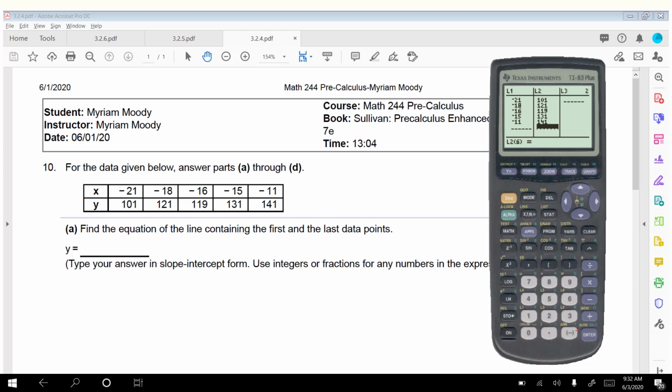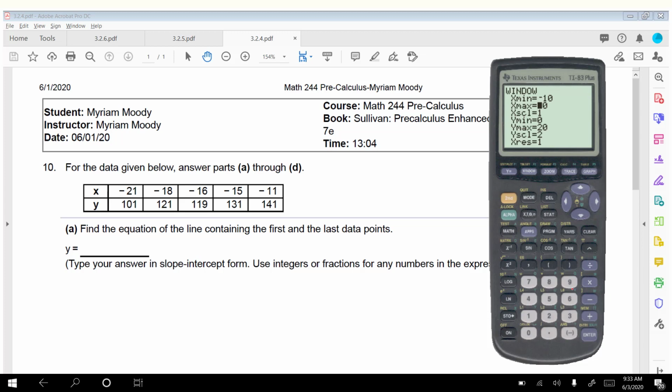Now, let's see what we're going to use for our window. Because notice our x's go from -11 to -21, right? Again, they will tell you this information, I'm just going to give this to you right now.